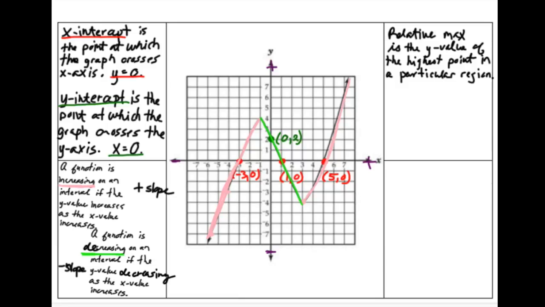So the relative minimum is the y value of the lowest point in a particular region.